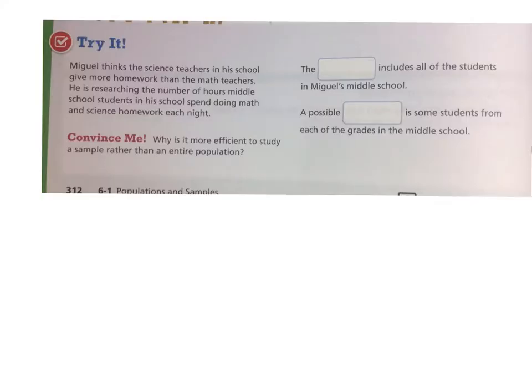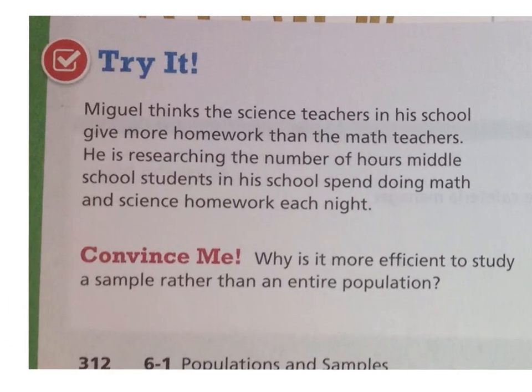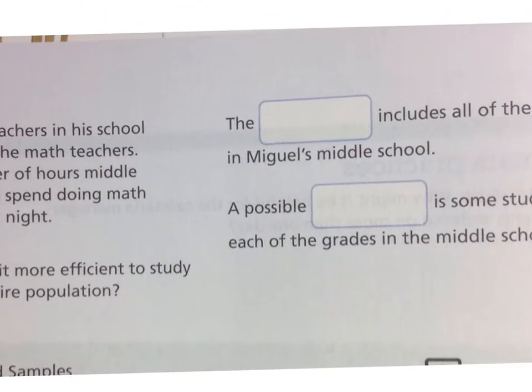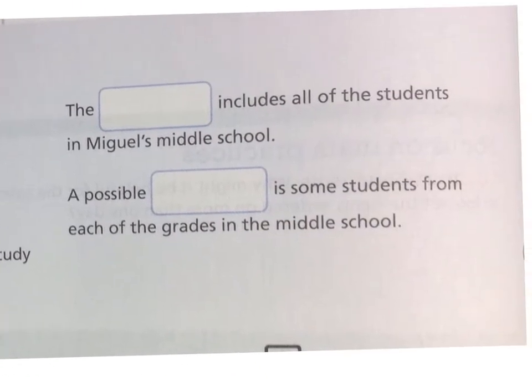So if you look at the Try It, Miguel thinks the science teachers in his school give more homework than the math teachers. He is researching the number of hours middle school students in his school spend doing math and science homework each night. So the blank includes all of the students in Miguel's middle school. It would be? The population.